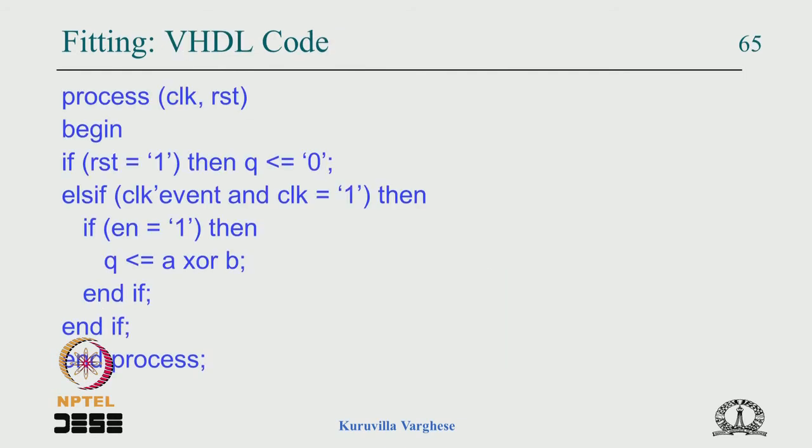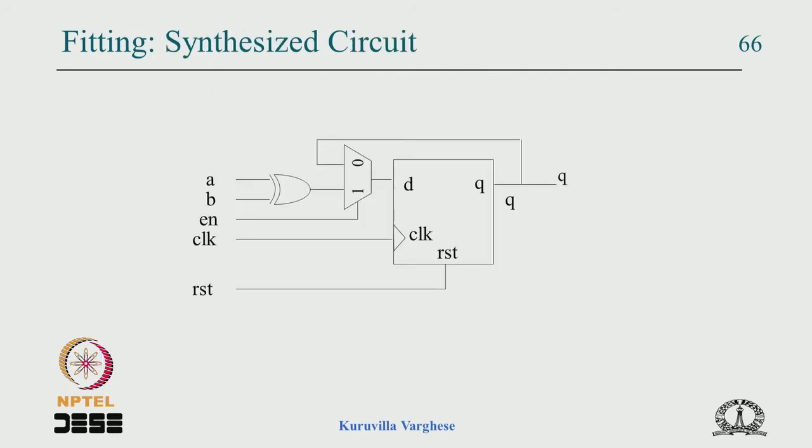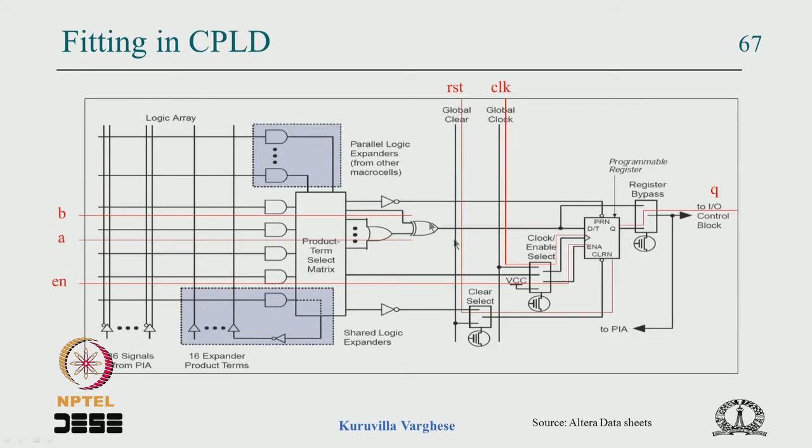Given a code, we have seen how you can infer the synthesized circuit, and we have learned enough about the architecture of PLD and CPLD, and you can work out the connections, and you can even estimate what all resources are used within a CPLD.